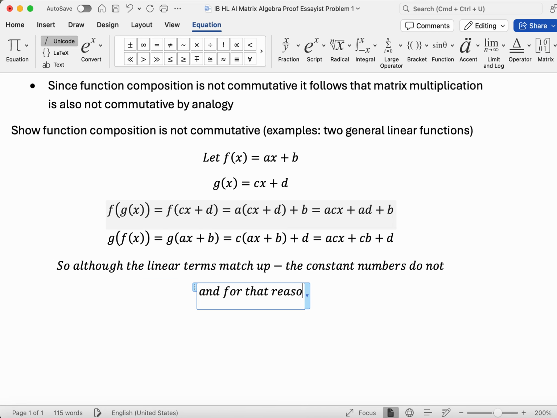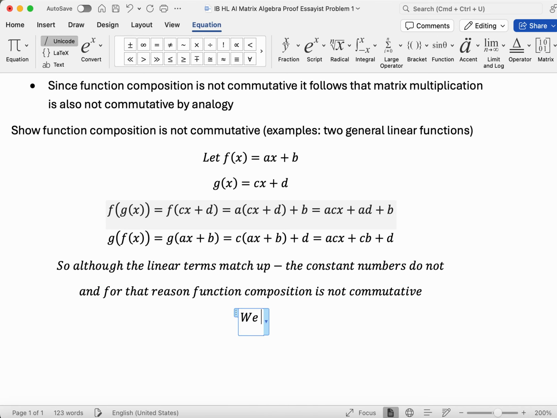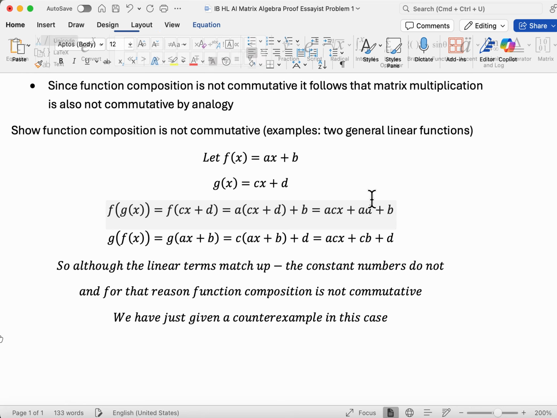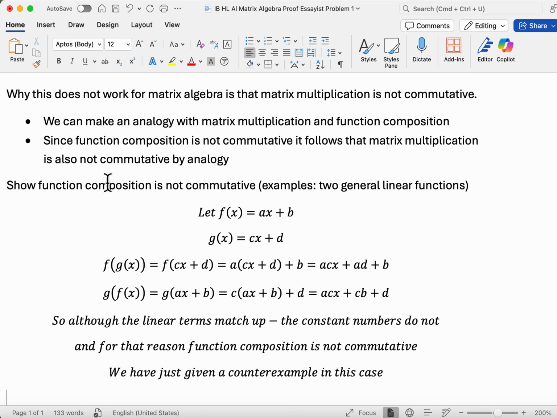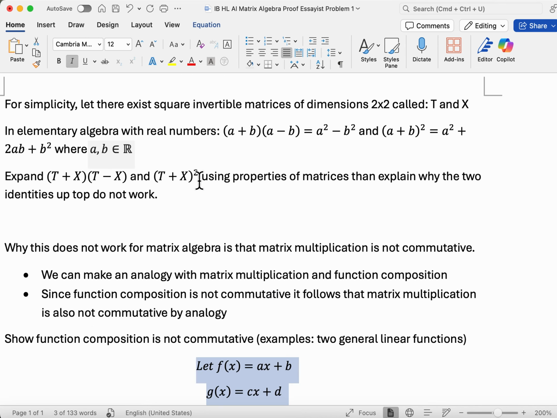And for that reason, function composition is not commutative. We have just given a counterexample in this case, because I could show that function composition is not commutative for many different kinds of functions, but it suffices to show with these two linear functions that it doesn't work.